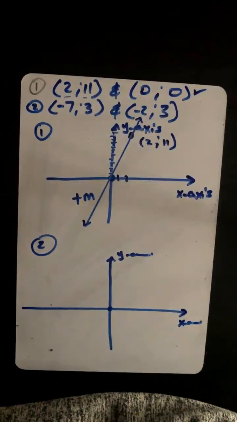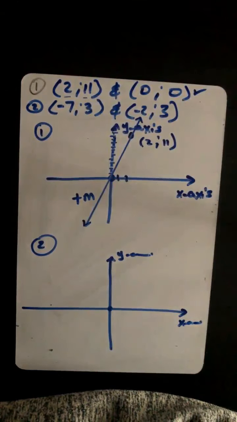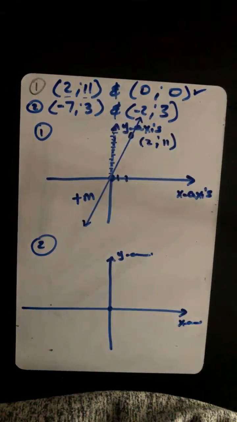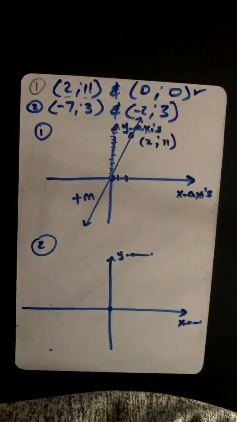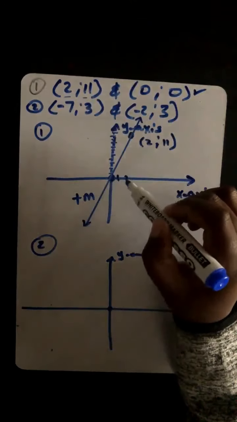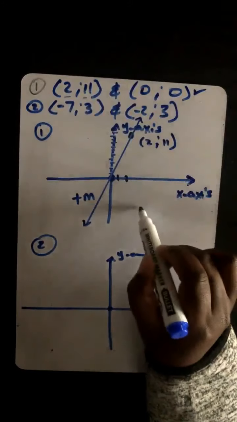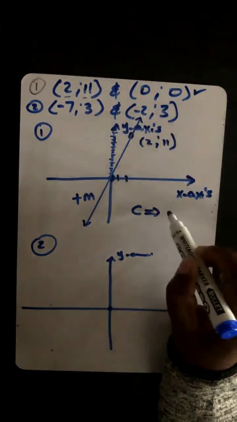A reason for that, Shreyas? Since the negative is in the third quadrant. Okay, so remember, the c value, Shreyas, is where your straight line cuts the y-axis.